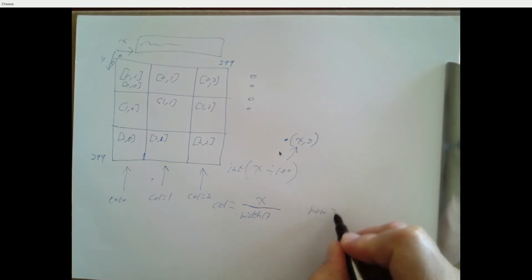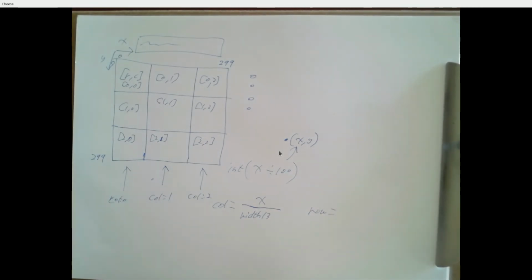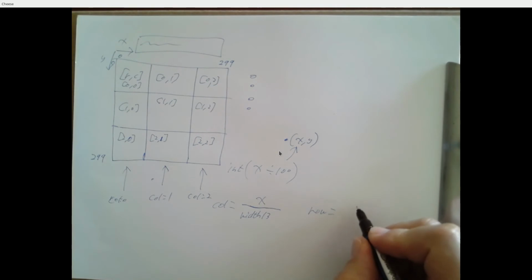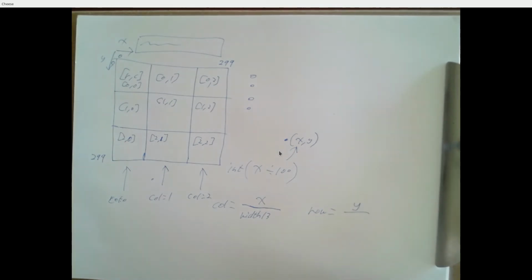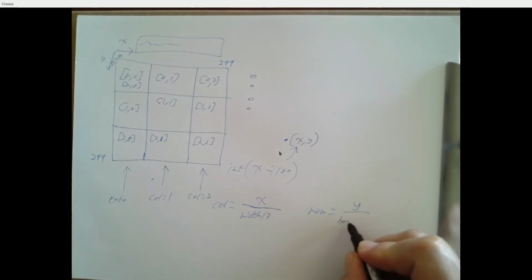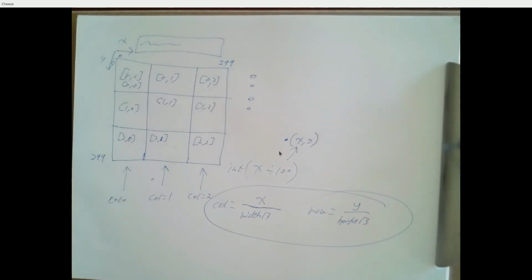So quick math, how do we do row? Y instead of X, and the height. Perfect. So there's a pair of simple functions that will get you row and column from X and Y.